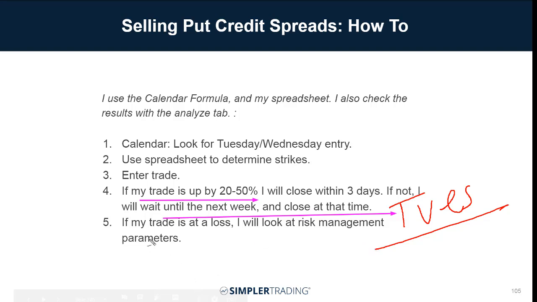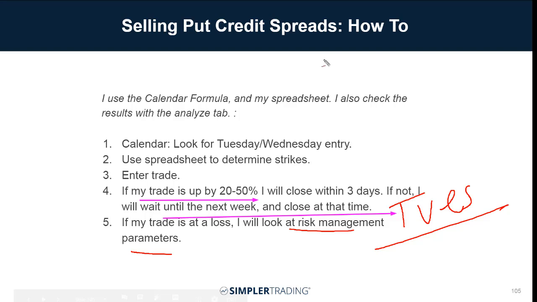Now, of course, we need to talk about risk management parameters. This is very important, especially with this type of strategy. You really have to be careful because it's out of the money. You do not want one loss to wipe out like 10 of your gains.